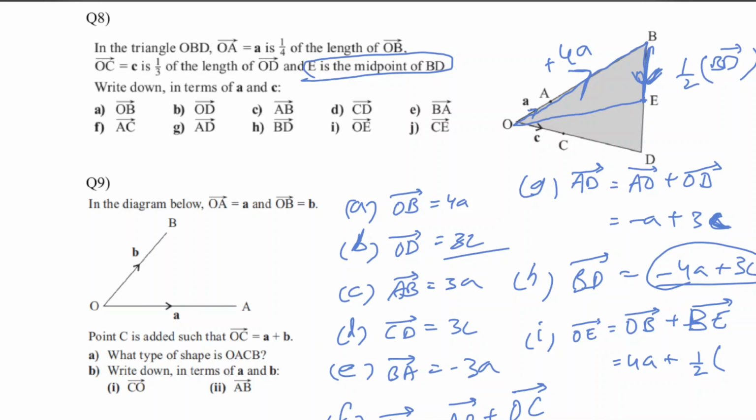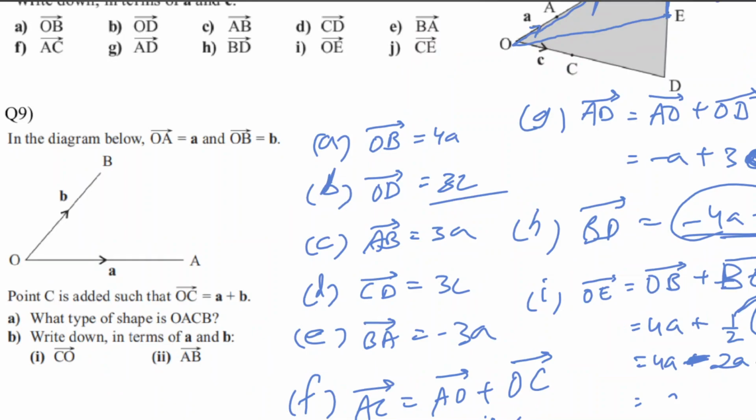So your answer will be 4A plus, if I multiply this inside, what will be our answer? 1 by 2 into minus 4 gives you negative 2A, plus 3 by 2C, and 4A minus 2A is 2A plus 3 by 2C will be your final answer.